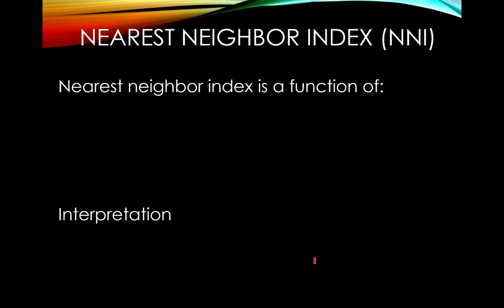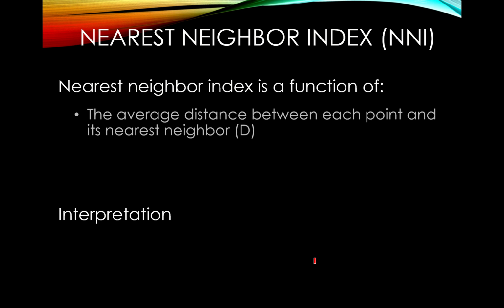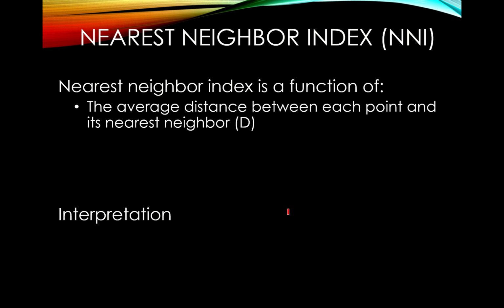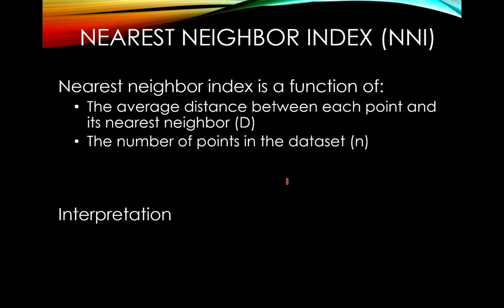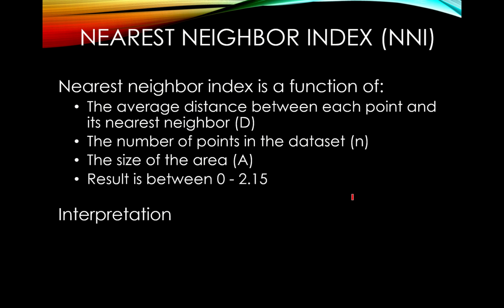What we're going to get back is a function of the average distance between the point in question and all the neighbors around it, the number of points in our data set, n, and the size of our area of analysis, and what we're going to get back is a number that's going to be somewhere between 0 and 2.15.